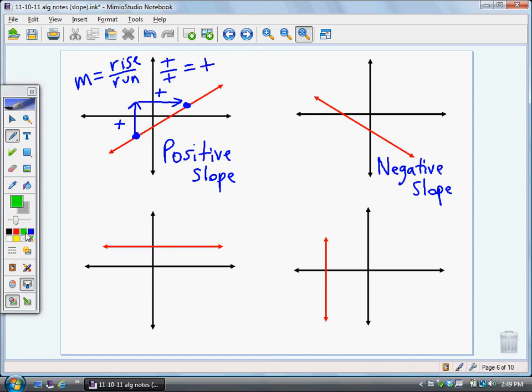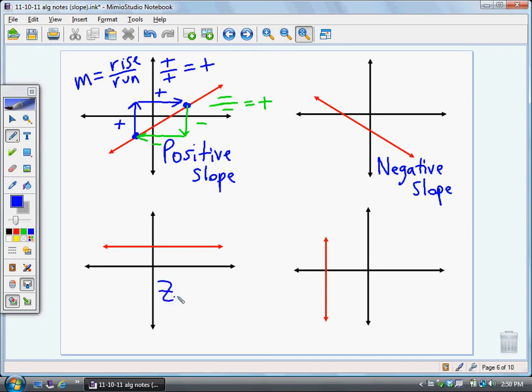And if you put your step in underneath, that would be a negative, and so negative over a negative is also equal to a positive. You could do the same thing to show why it's a negative slope. On the downward sloping line, it would be either a positive over a negative or a negative over a positive.